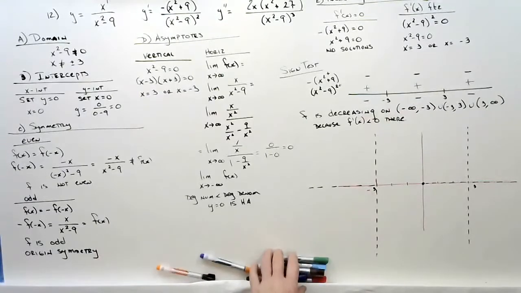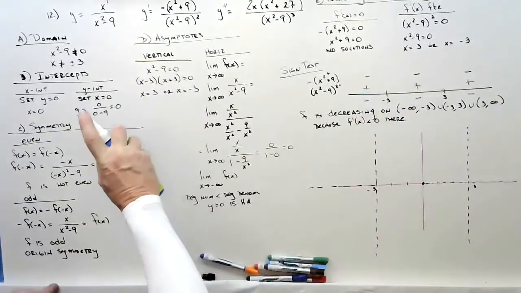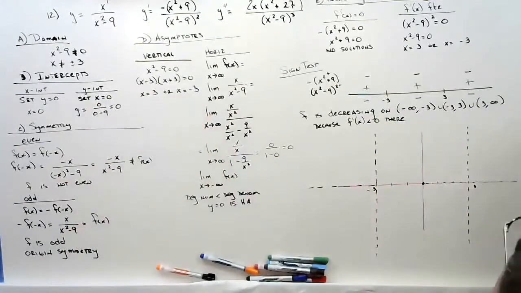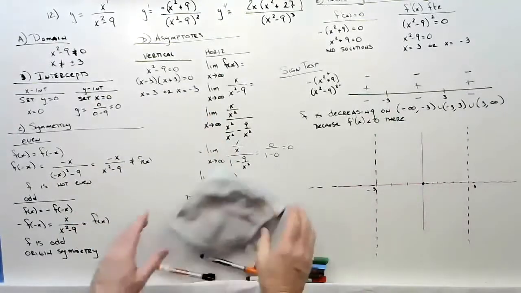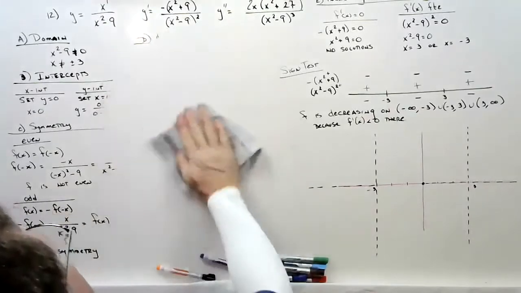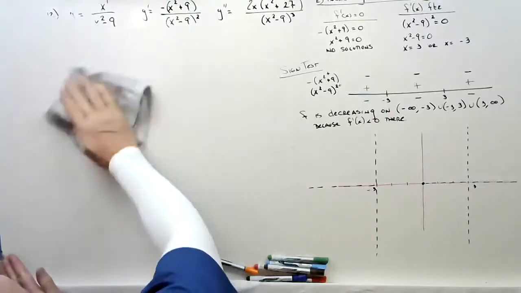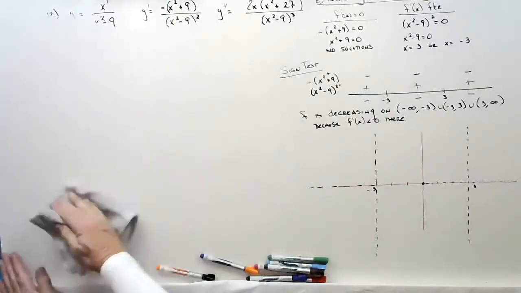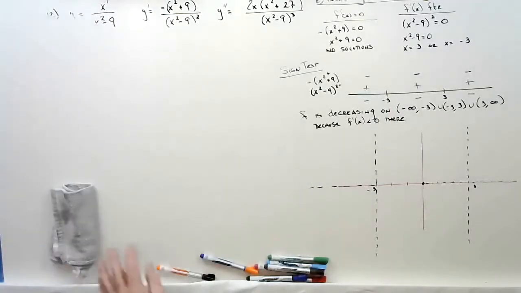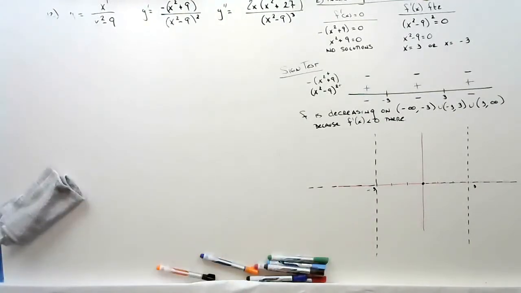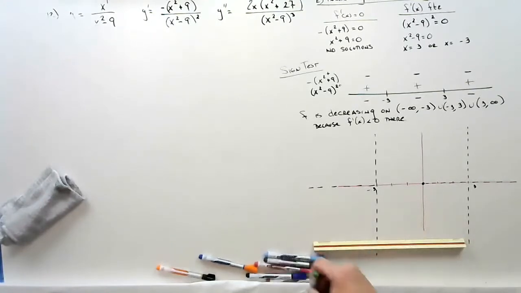Now, I'm going to clean off the whiteboard over here. Now, remember, I like to write things down on my graph as I go. So I'm going to come over here to my graph, and I'm going to make a line underneath my graph.